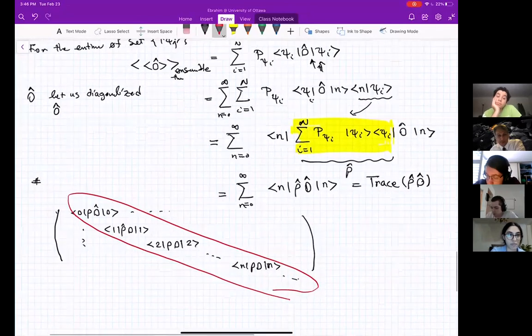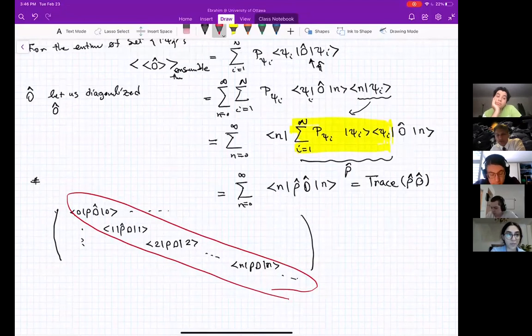And this trace can be done in any basis that you feel comfortable with, in which O is diagonalized. Okay? Good. Clear? Fantastic.